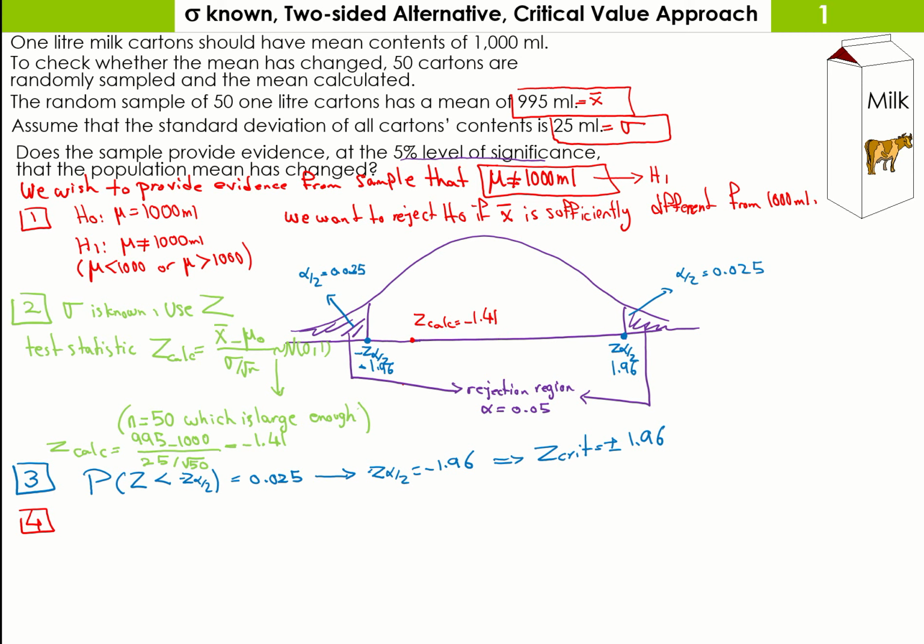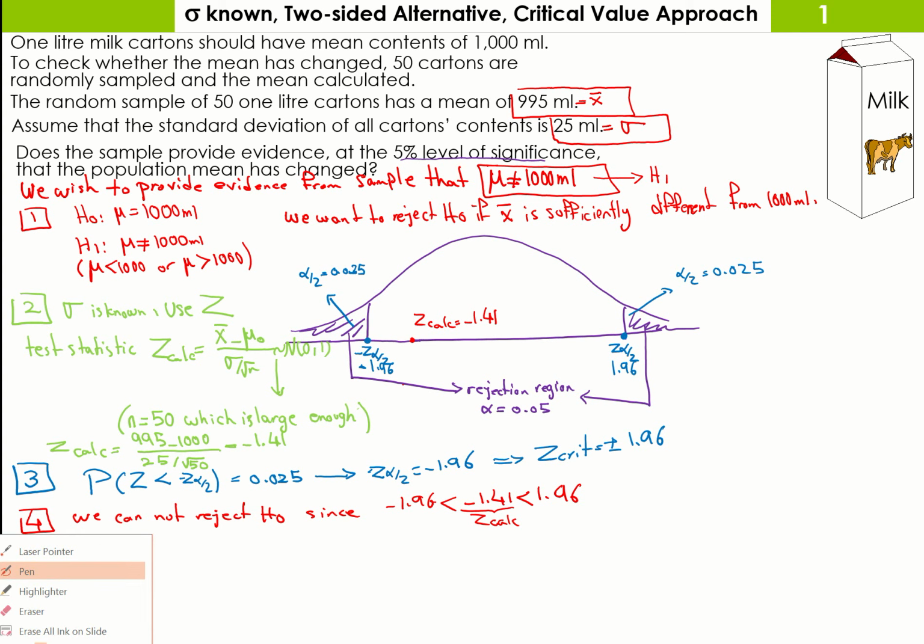It is not in the rejection area, and we say that we cannot reject H0 since the negative 1.41 is between negative 1.96 and positive 1.96 here, and this one is the z calculated.